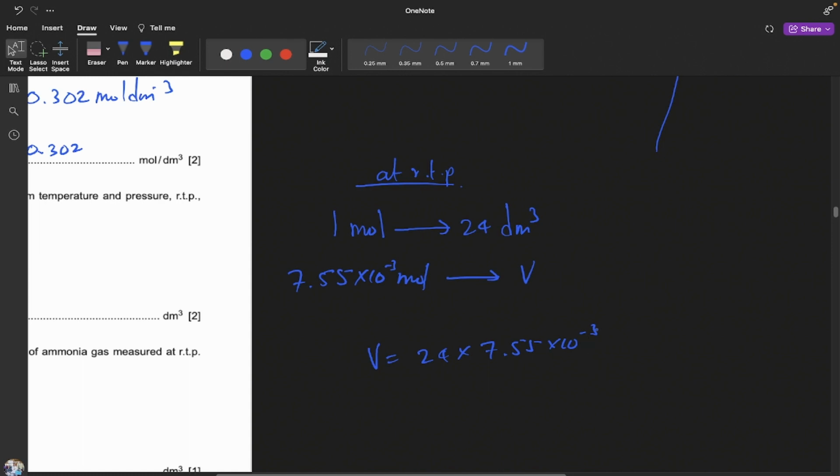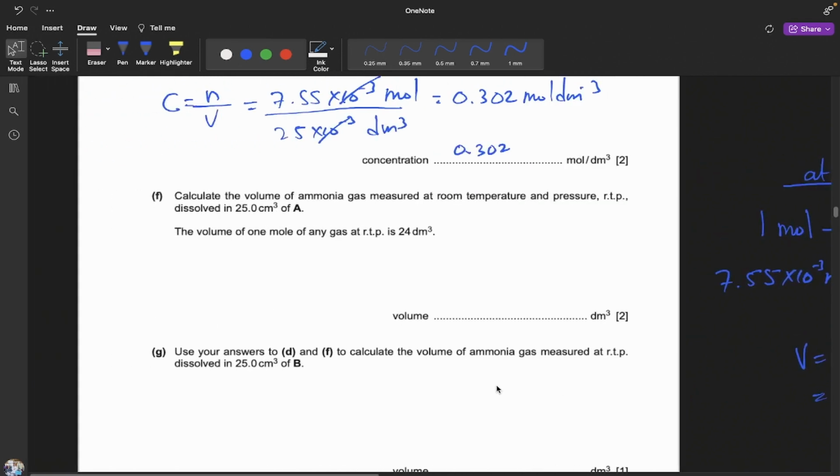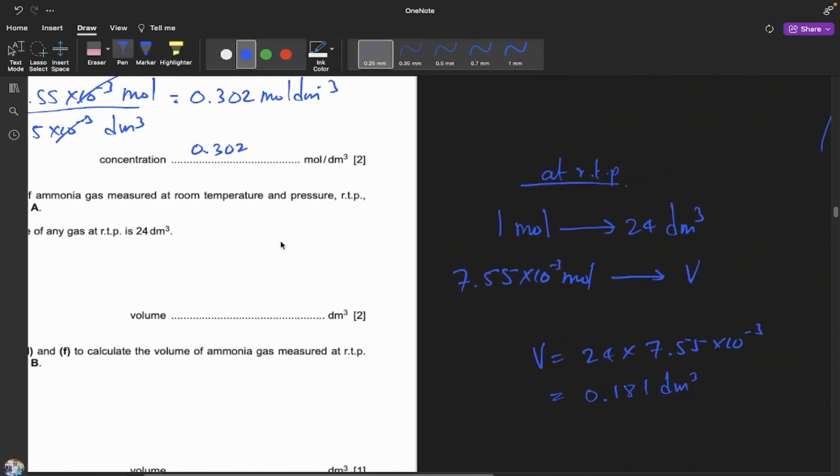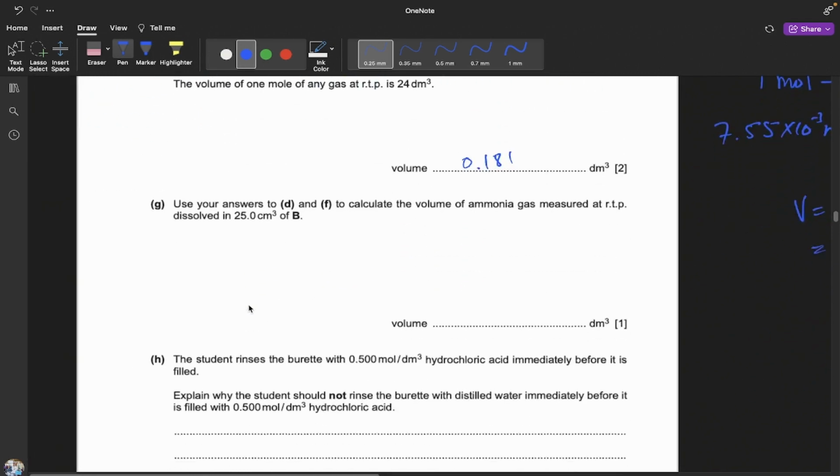If you multiply, you should get an answer of 0.181 decimeter cube. You have to account for the powers as well, 10 to the power of minus 3. That thing also you have to consider. So the volume is 0.181 decimeter cube.